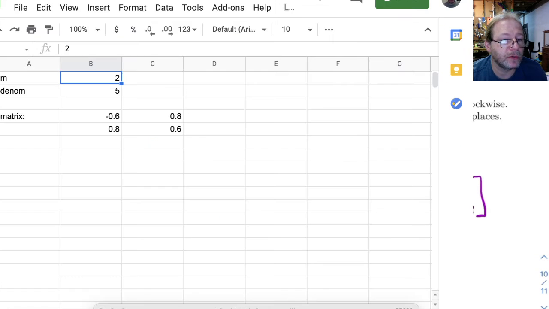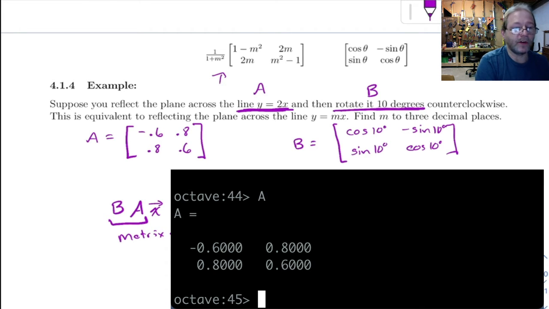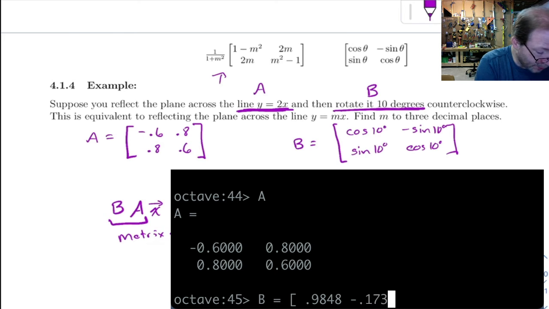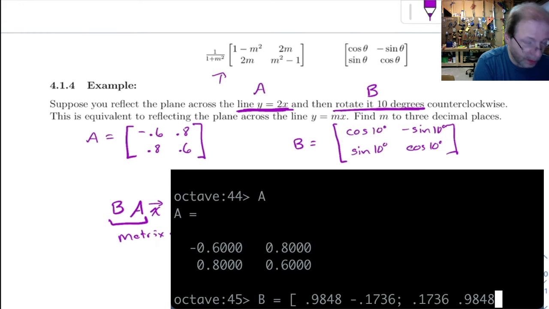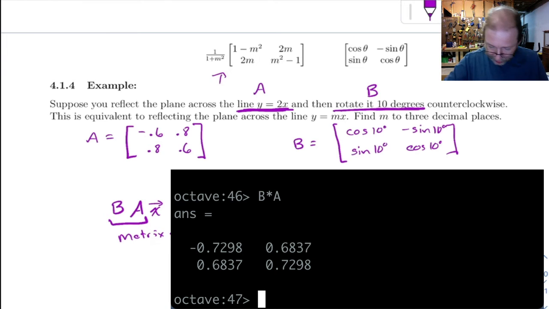So let's go to Octave. I've already got my A matrix in there. B, I'm just going to put in 0.9848, negative 0.1736, 0.1736, 0.9848. All right, so we get that. So if we do B times A, we get this.